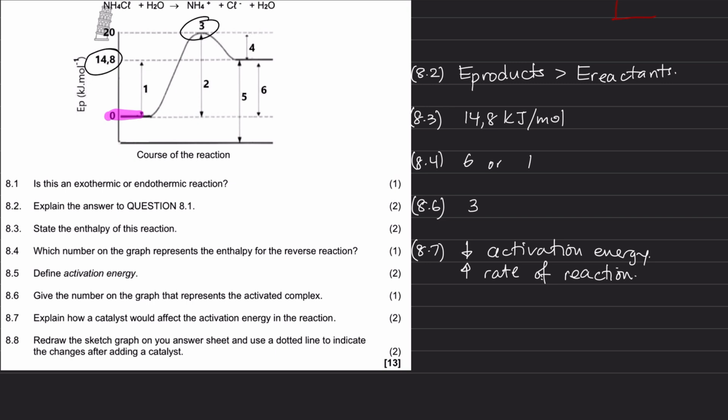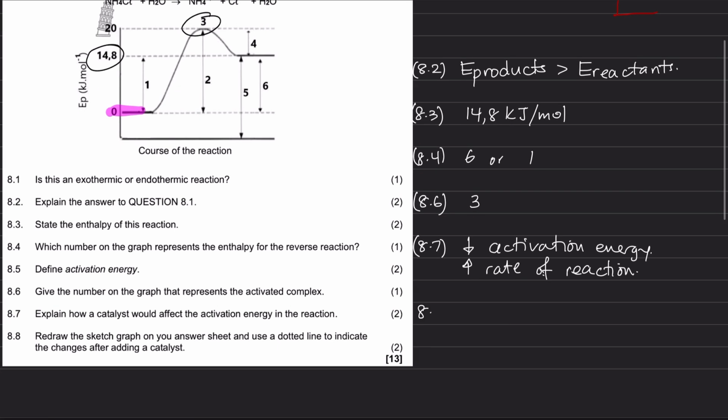Okay, next question reads, 8.8, redraw the sketch on your answer sheet and use a dotted line to indicate the changes after adding a catalyst. So if they add a catalyst, if this is our original graph, here, let's sketch that out like this. If that's our original graph, a catalyst will decrease the activation energy.